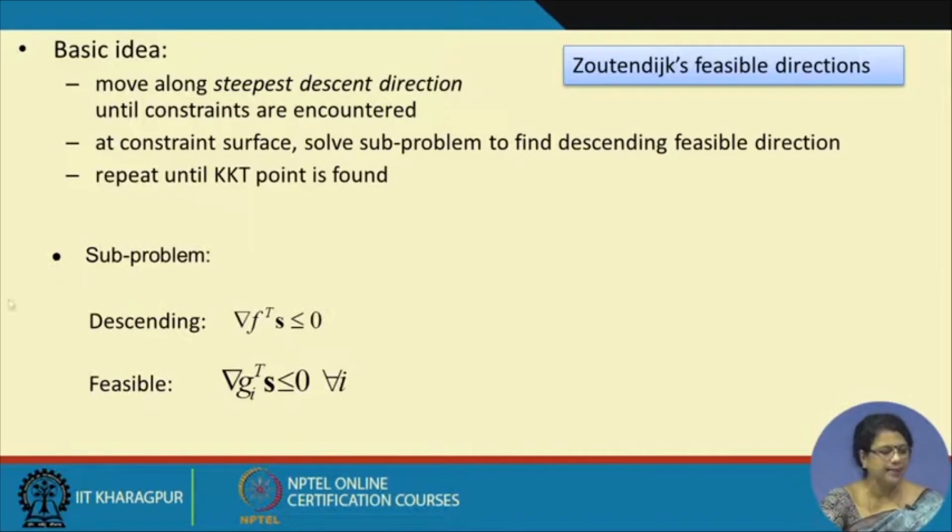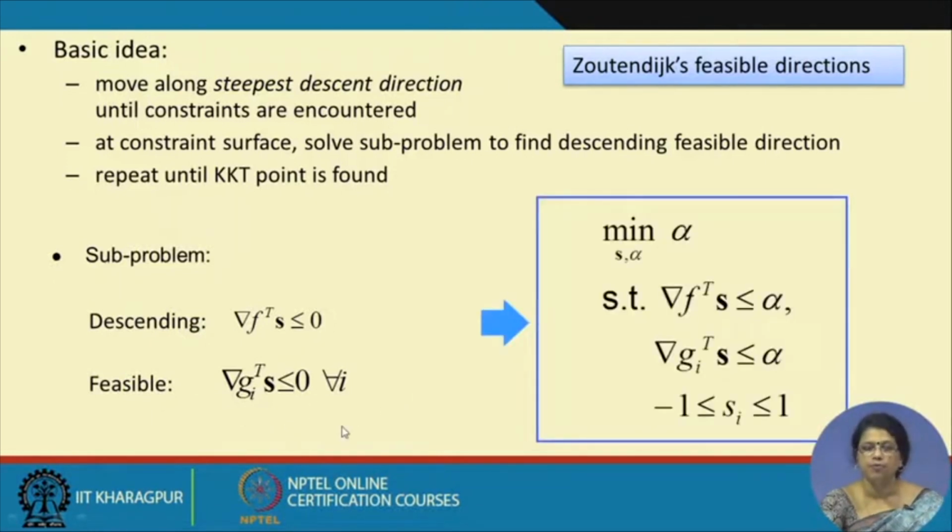Similarly, for the feasible direction, as I showed you with the figure, the gradient of the individual constraint and the feasible direction again make an obtuse angle. That is why the inner product will be negative, or rather non-positive. It can be 0 as well, when we are at the boundary of the constraint.